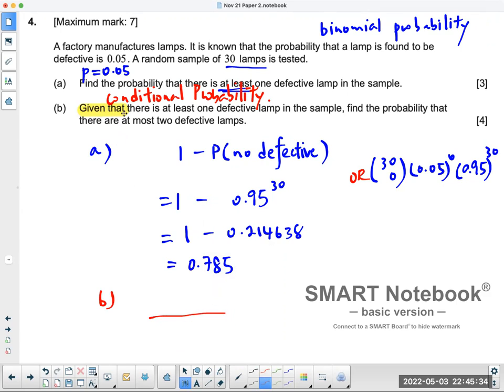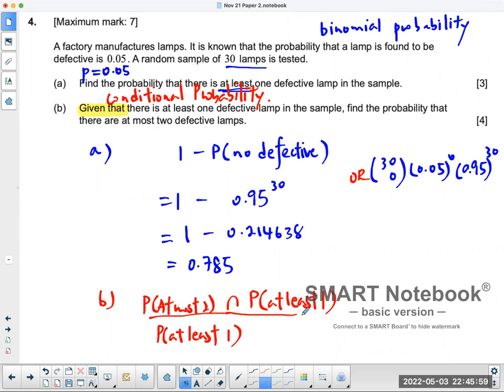The condition is given that there's at least one defective. Well, probability of at least one goes into the denominator. Find the probability that there are at most two. So this is probability of at most two overlap or intersect probability of at least one.